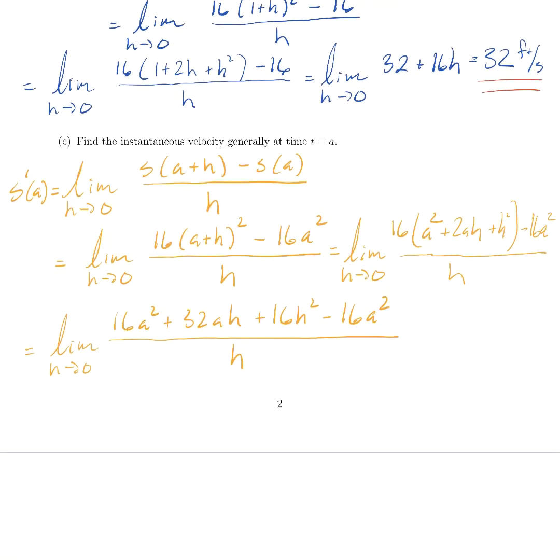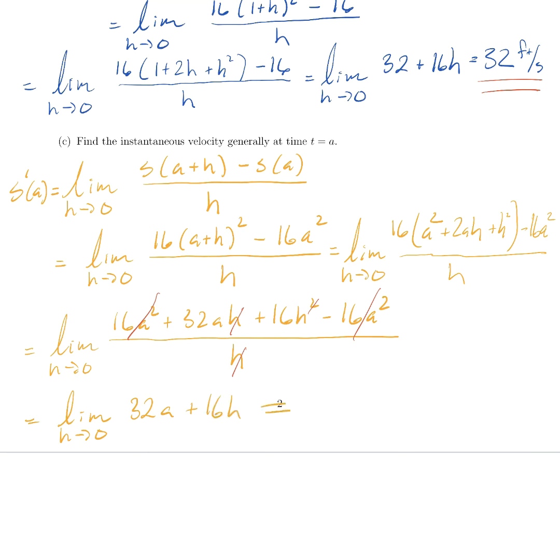Okay, so what happens then? Let's see, we get the limit as h approaches 0. 16a squared minus 16a squared, those two terms are gone. And then the other terms, we can get rid of one of the h's in each term. And we are left with the limit as h approaches 0 of 32a plus 16h.